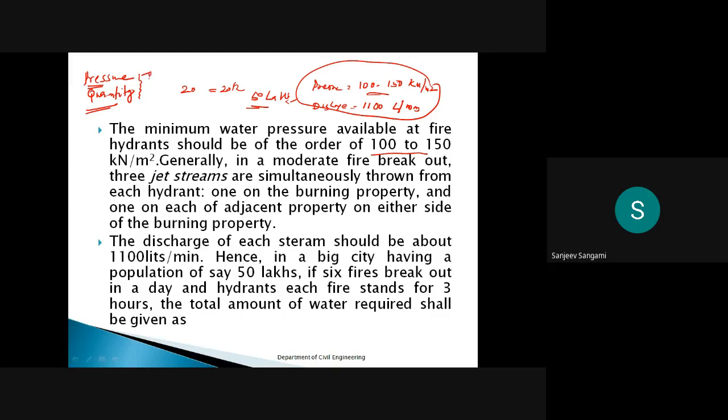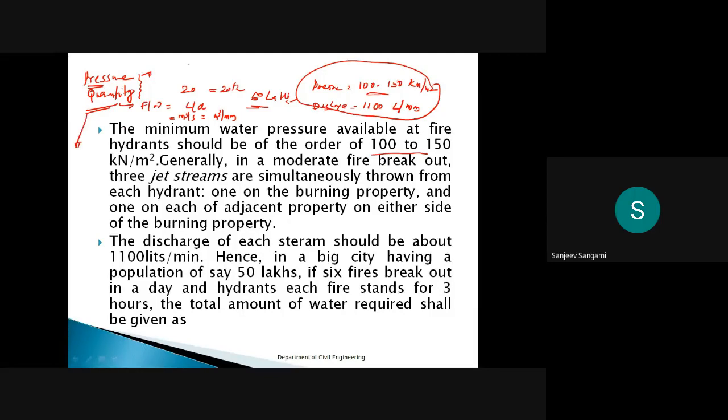Sometimes pressure will be there, but what about the flow? Normally the quantity or the flow is given in liters per day, or meter cube per second, or meter cube per minute. So these are the units of flow.